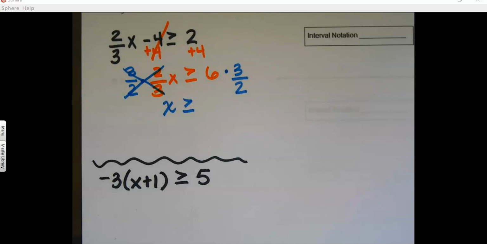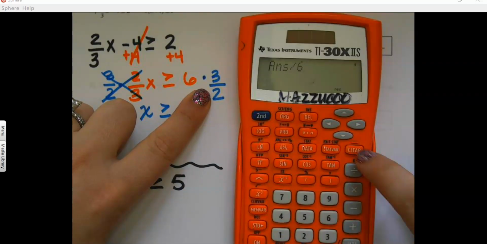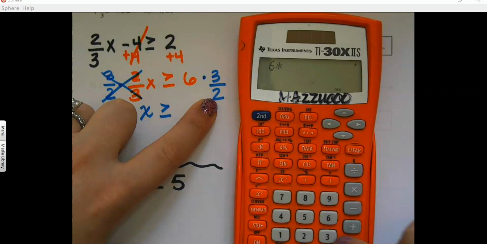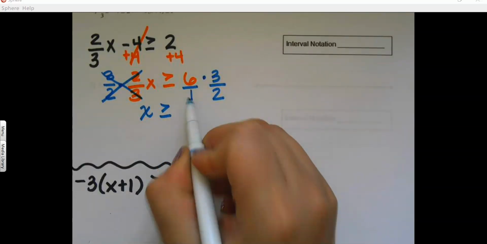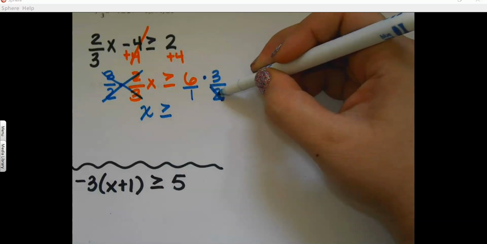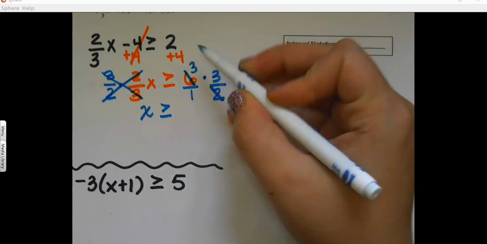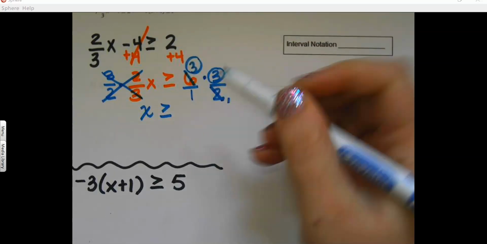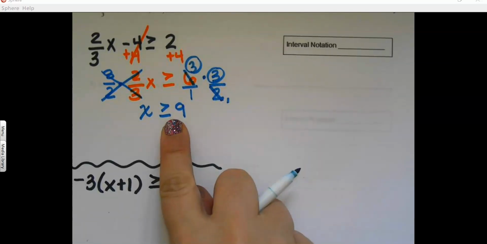So we do 6 times 3 halves, which is 9. Without a calculator, this 2 goes into 2 once, and 2 goes into 6 3 times, so you're left with 3 times 3, which is 9. Now we're done with this one.